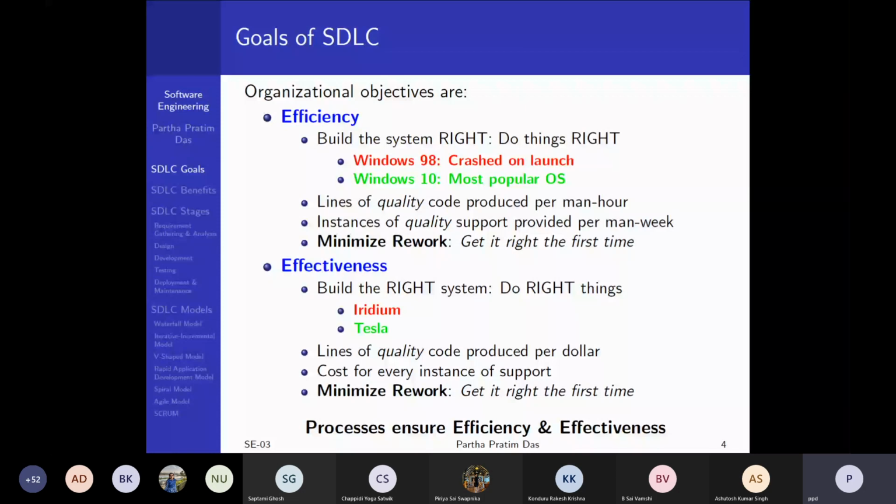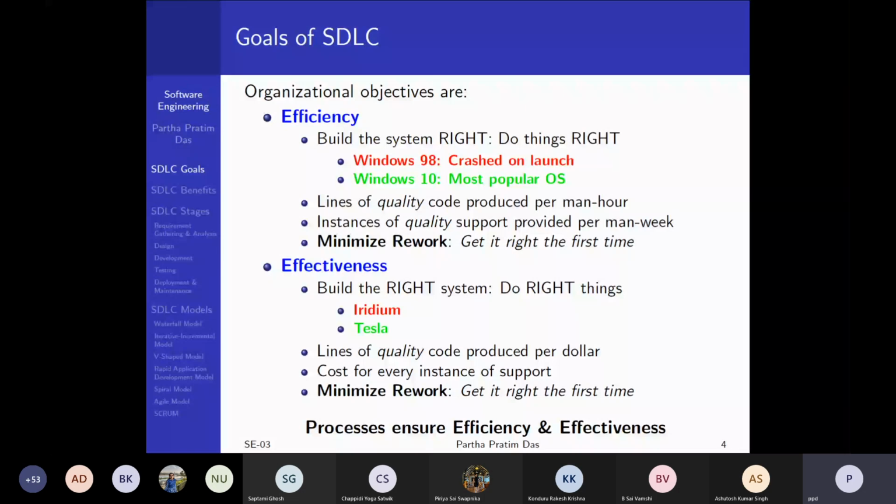If we look into the build-the-system-right perspective of efficiency, we can talk about two very well-known incidents in the software industry. About 20 years back, I think it was the late 90s, Windows 98, the then next version of Windows, which was highly talked of, was to be released, and Microsoft was totally geared up.